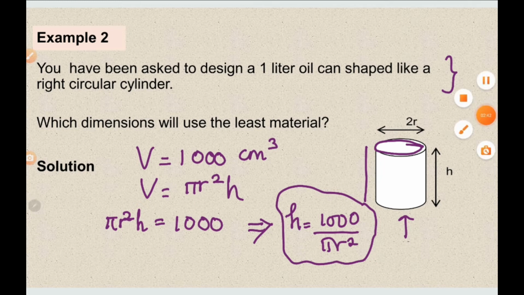Okay, the question asks which dimension will use the least material. From the question we can understand that we want to find the least material, meaning the surface area. So what dimensions give you the minimum surface area? I will use A for the surface area.